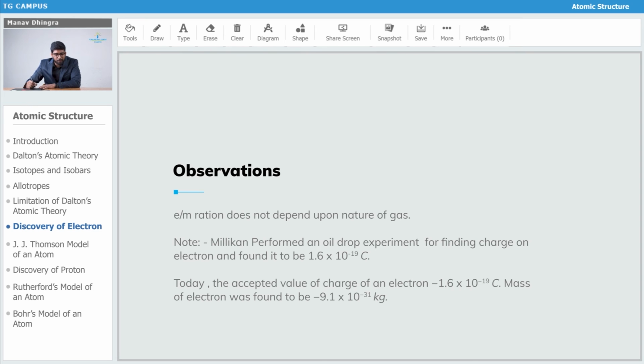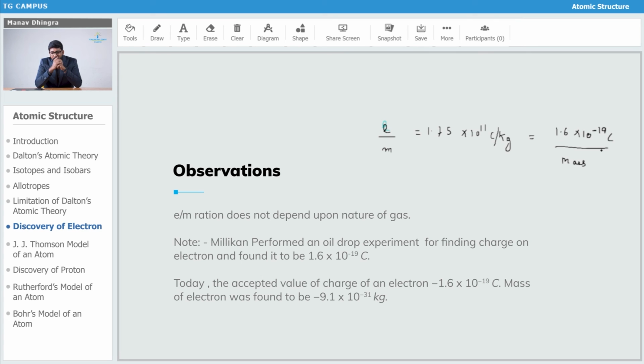So from there, when we saw the e by m ratio is 1.75 into 10 to the power 11 coulomb per kg, correct? And the charge is 1.6 into 10 to the power negative 19 coulomb. We can find the mass of the electron from here.